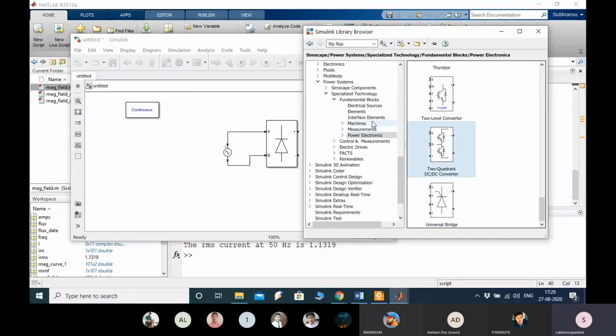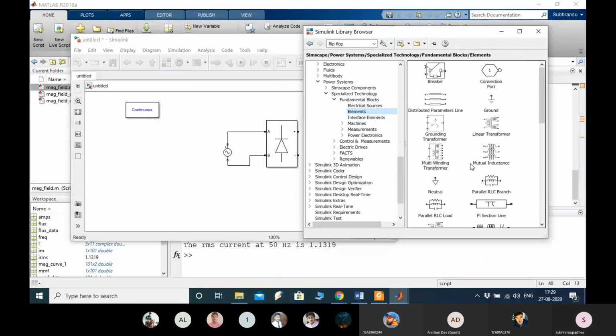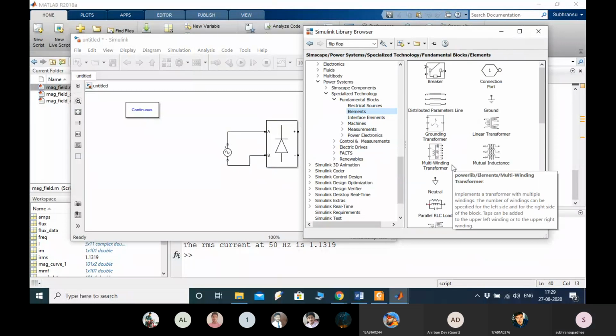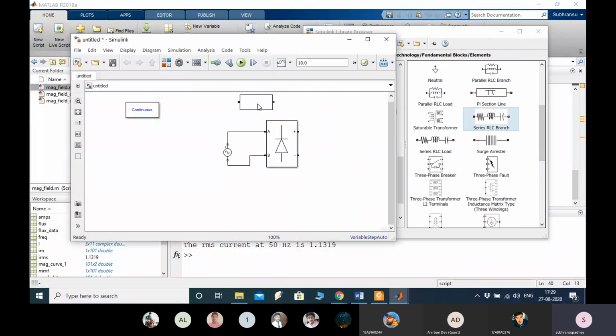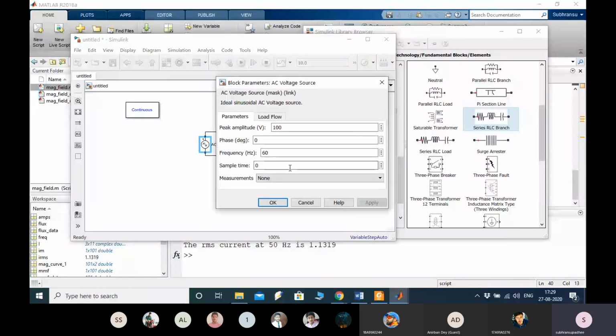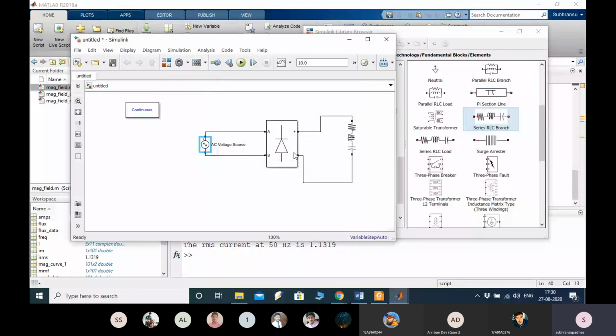And here elements, go for a series RLC branch. Double click over here, 50 hertz.